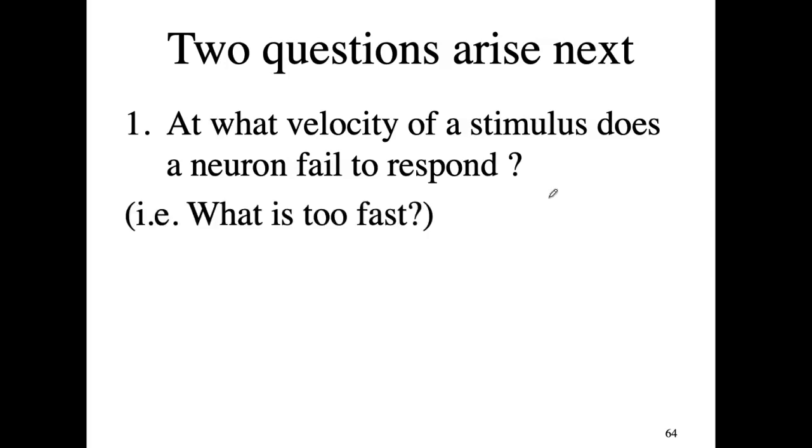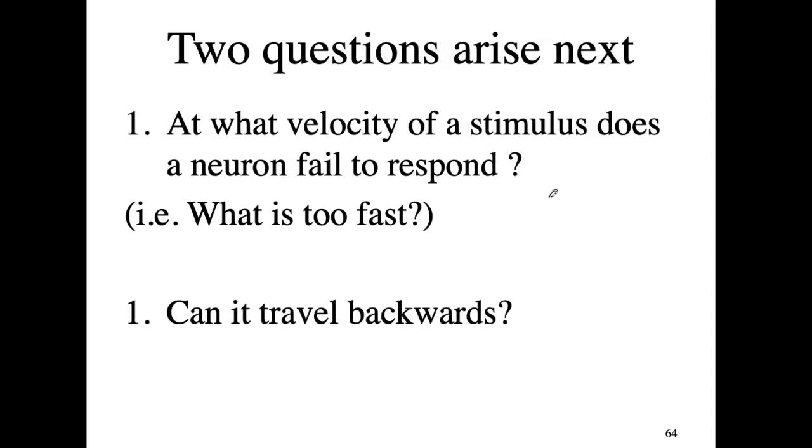And the other one is, can an action potential travel backwards? And if not, why not? So we want to look at that. How many action potentials can you have in a millisecond? And then can they travel backwards?